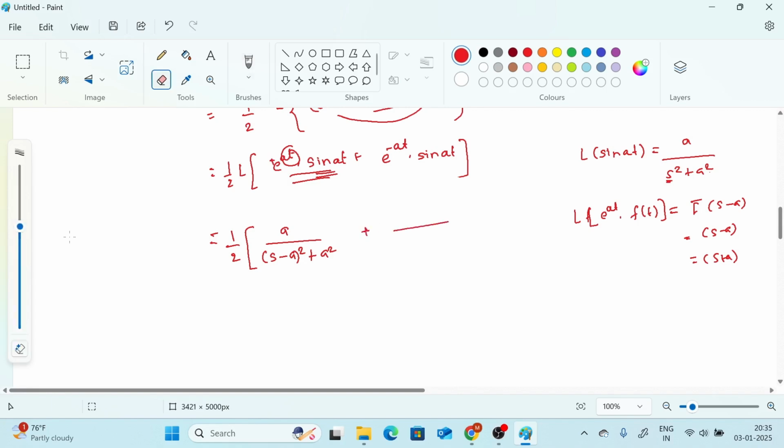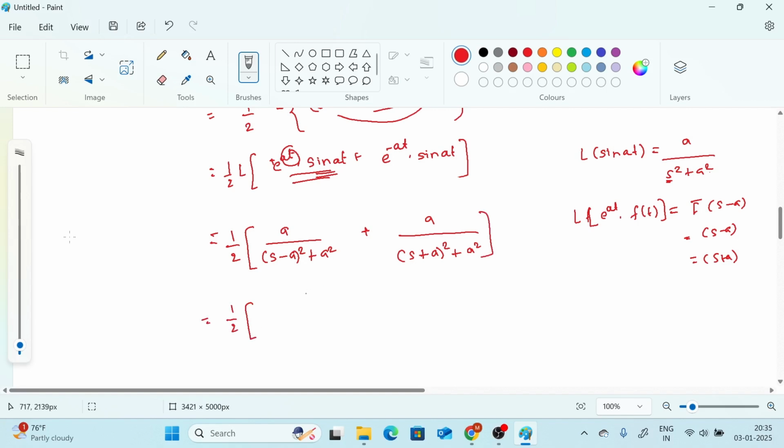a upon, now here we have minus at, so I am going to change only, a upon s plus a bracket square plus a square, is equal to 1 by 2.